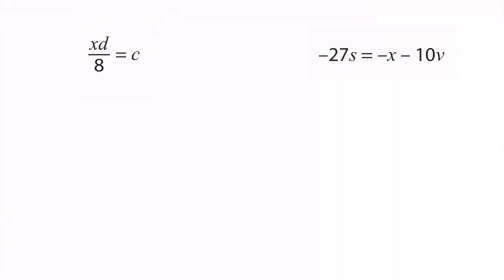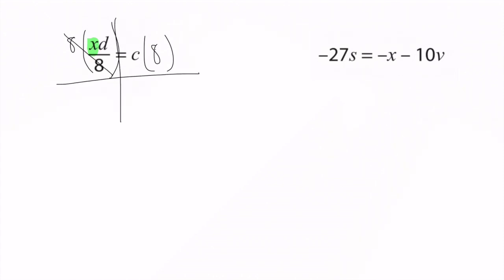Let's look at some more examples. All right, so here's our x in this one. In order to isolate that x, we work our way in. We start at the outside and work our way in. So the first thing to eliminate is this 8, which means multiplying by 8 on both sides.